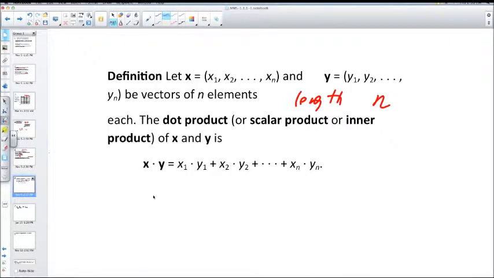In the previous example, our n equals 2. And then the product of the two vectors equals the first element times the first, plus the second times the second, and so on and so forth to the last times the last. Can you see it? You must have the same number of elements.